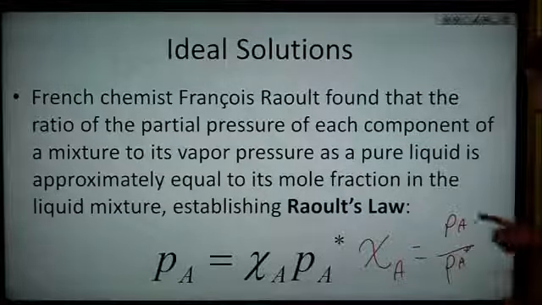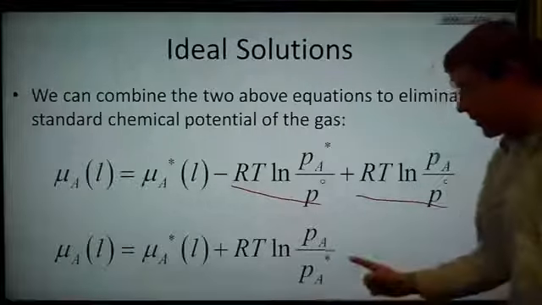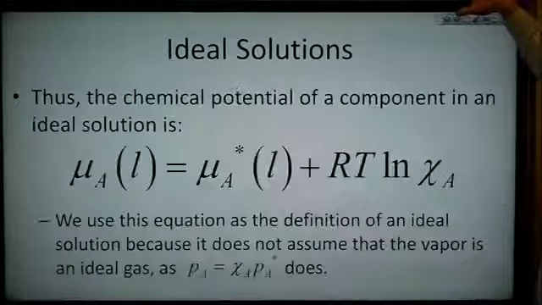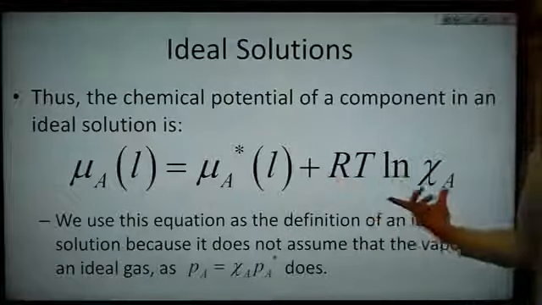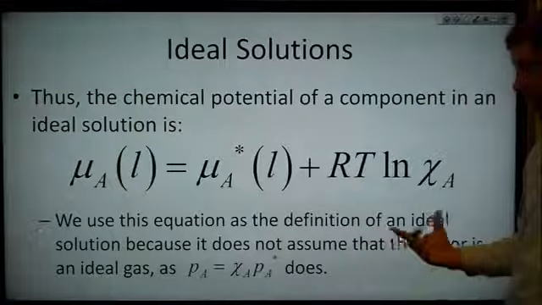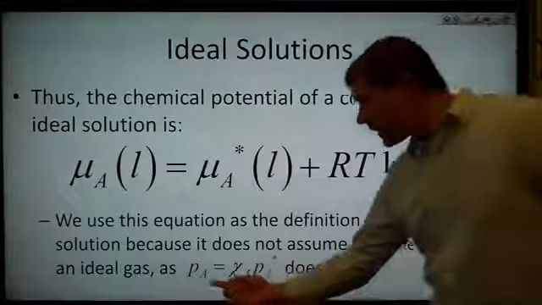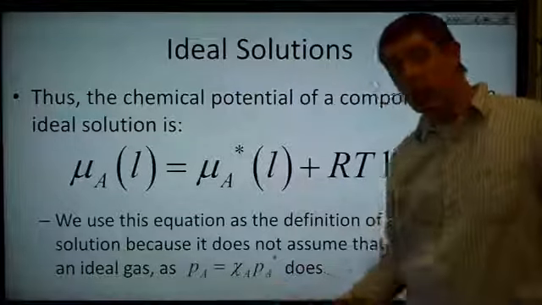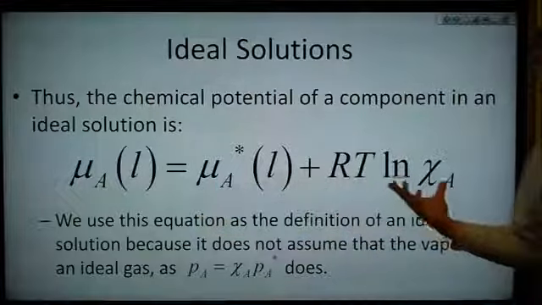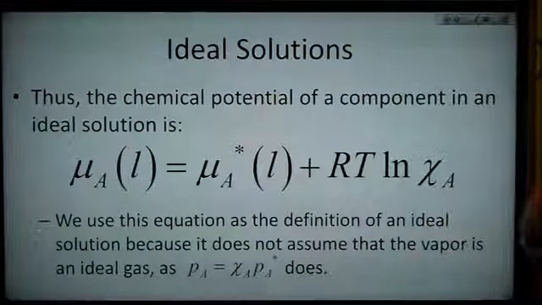Well, this fraction, PA over PA star, that's what we have here. So we're just replacing this with our mole fraction chi to get this equation. So now we can use this equation as our definition of an ideal solution, because it doesn't assume that the vapor is an ideal gas, as this equation does. So Raoult's law assumes that our vapor is an ideal gas. This equation here doesn't have to assume that anymore, because now we're eliminating these pressures, and so we're just putting in the mole fraction.